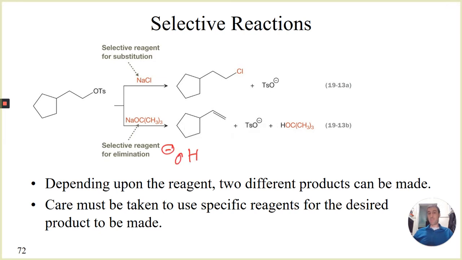Isn't hydroxide also equally strong as t-butoxide? Yeah, it is. But hydroxide also acts as a nucleophile, which means that if I used the hydroxide, I would have gotten the substitution. And arguably, in this case with that substrate, I would have gotten a lot more of the substitution than I would have gotten of the elimination.